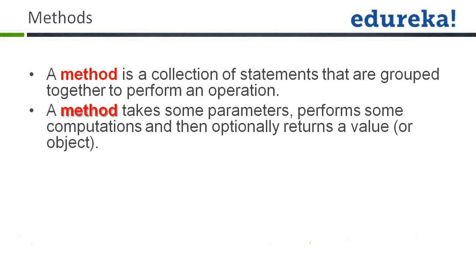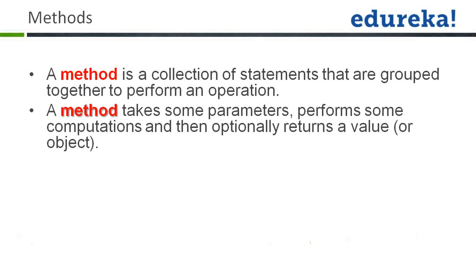Now a method is a collection of statements that are grouped together to perform an operation. That means to provide a particular kind of functionality, we define a method. That method can be called again and again wherever we want that functionality. Like we have a method to add two numbers. Let's say at 10 different places we require to add two numbers.